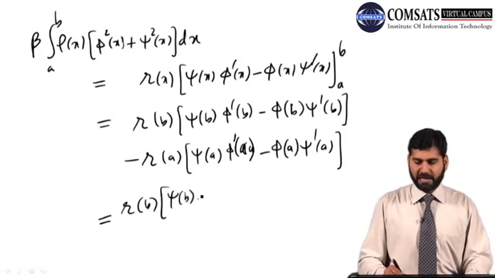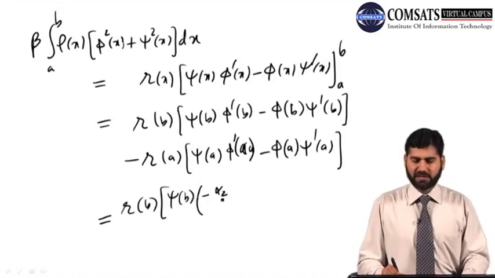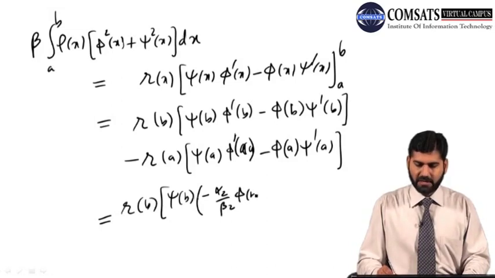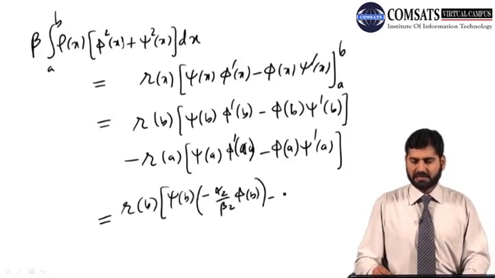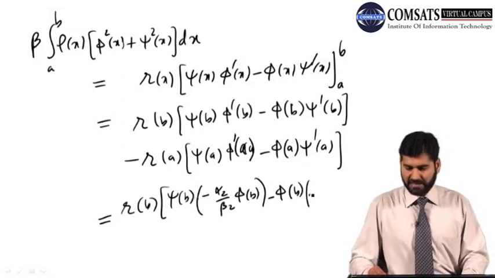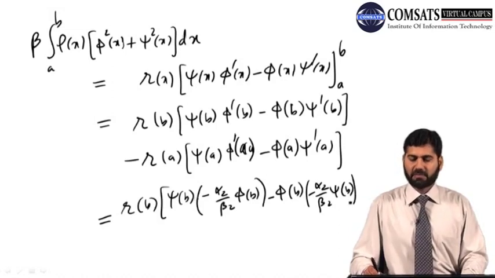So phi prime of b can be written as minus alpha 2 by beta 2 phi at b, right, and similarly psi prime of b can be written as minus alpha 2 by beta 2 psi at b, from the boundary condition.